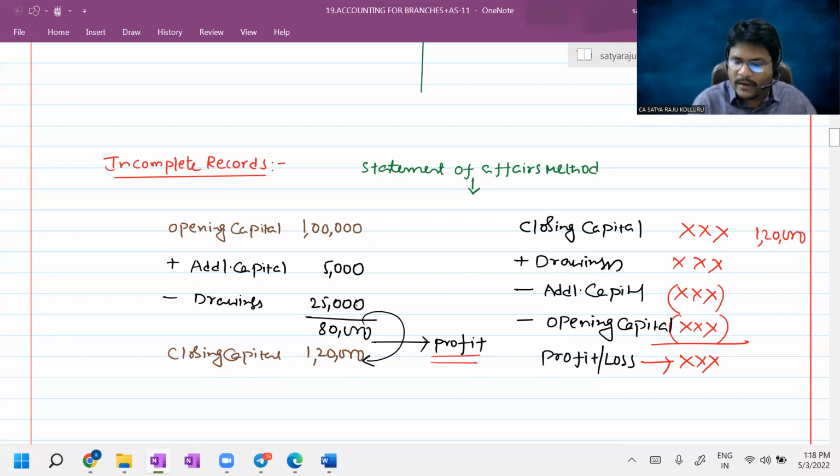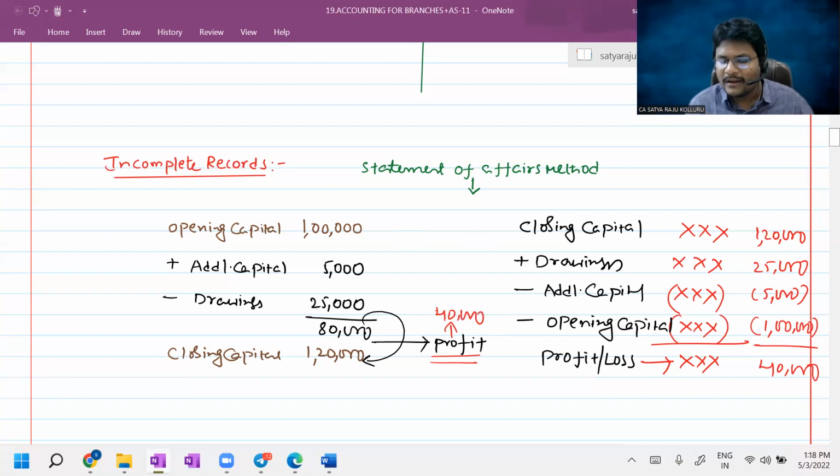Plus drawings 25,000. Minus additional capital 5,000. Minus opening capital 1 lakh. Then 1,45,000 minus 5,000 is 1,40,000, and 1,40,000 minus 1 lakh is 40,000 profit. Here also the difference of profit we got is 40,000, which is exactly equal.